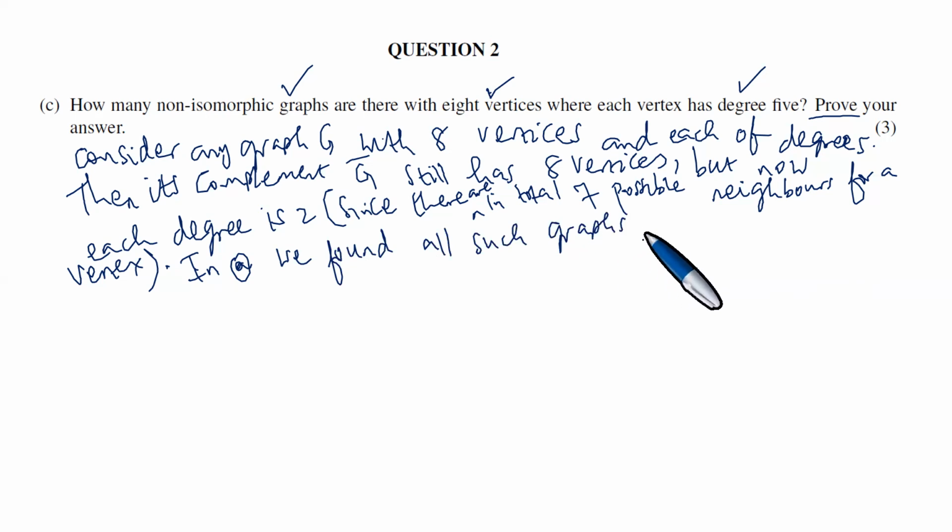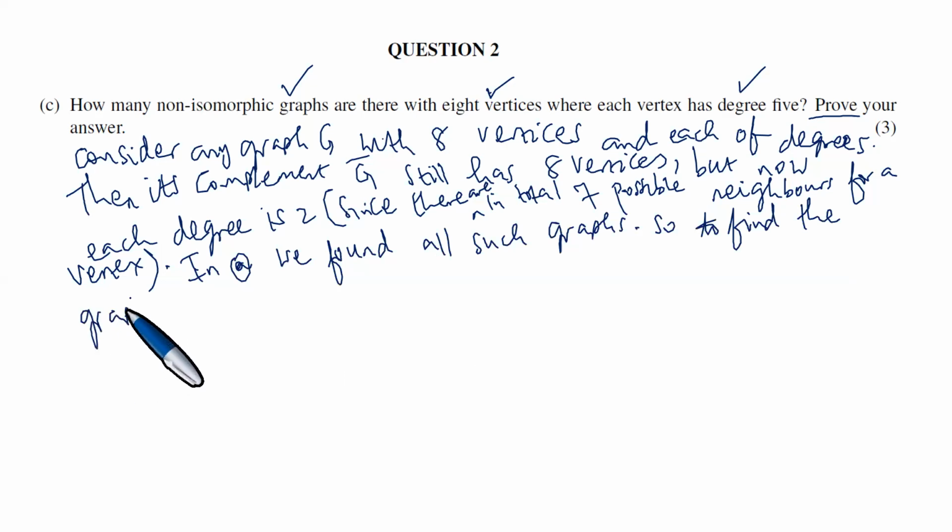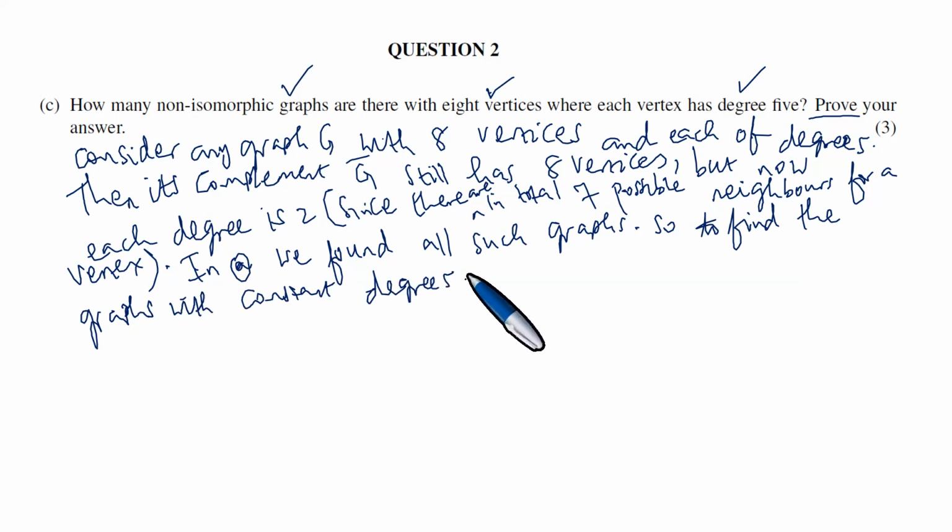To find the graphs with constant degree 5, we saw those in the previous question.